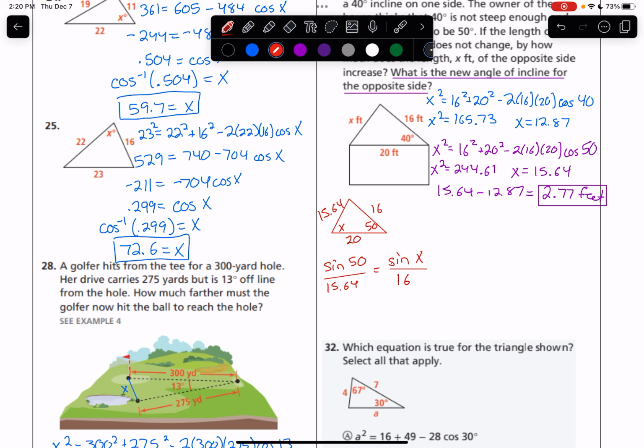Then we cross multiply, we learn that 16 sine of 50 is equal to 15.64 sine of x. We're going to divide both sides by 15.64.